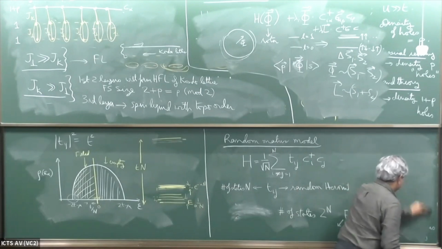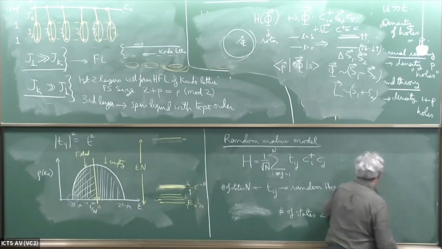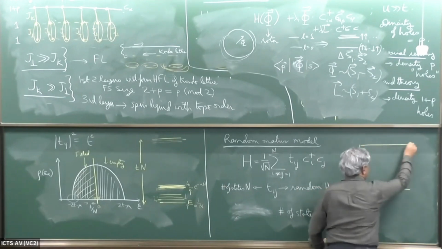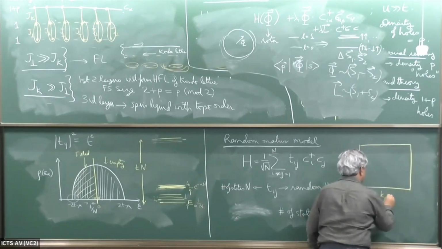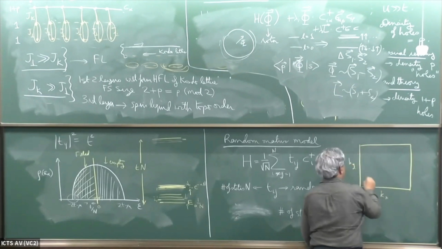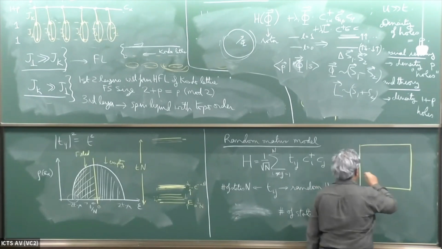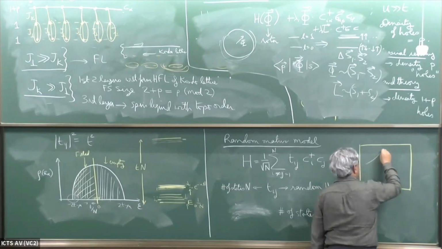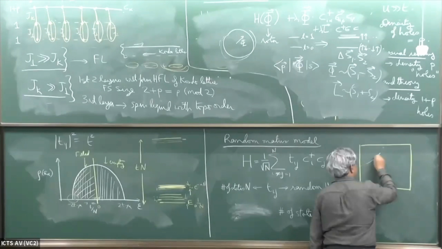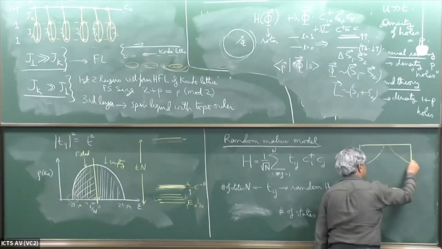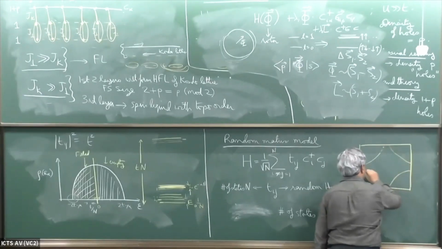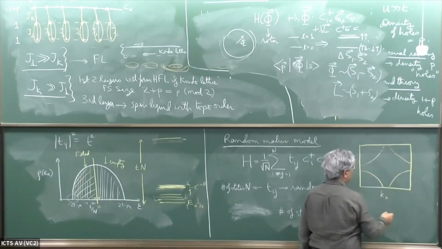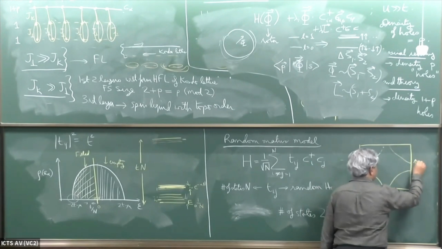Where I drew these Fermi arcs, so this is kx and ky, I drew these arcs, and in the Fermi liquid, the zero energy excitations go all the way to the ends. This is just the line of the zero energy excitations, but you can now look at the dispersion along this direction.